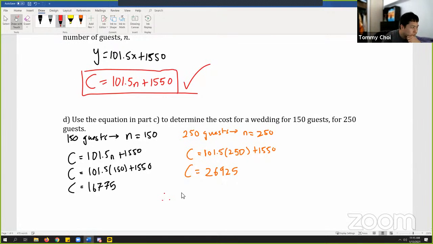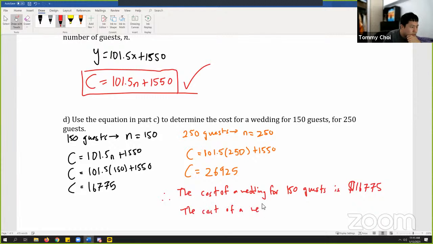Therefore, the cost of a wedding for 150 guests is $16,775. The cost of a wedding for 250 guests is $26,925. And there's our final answer there.